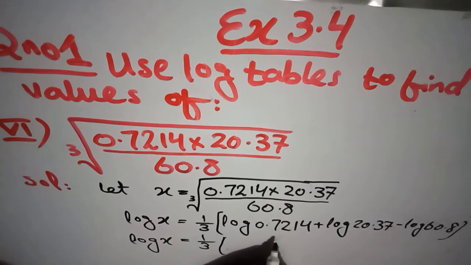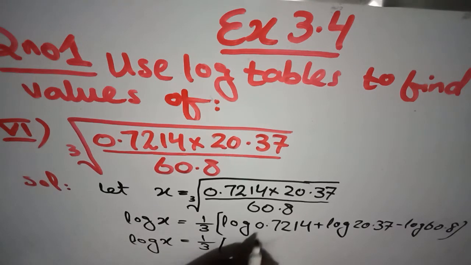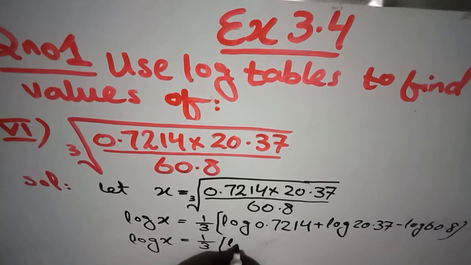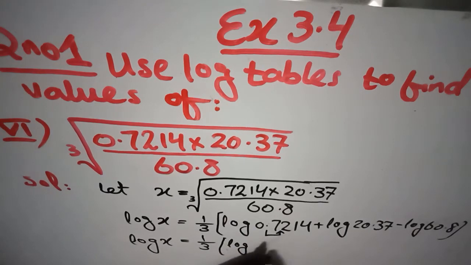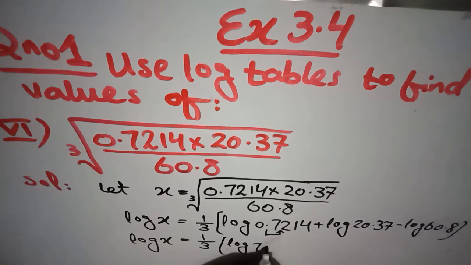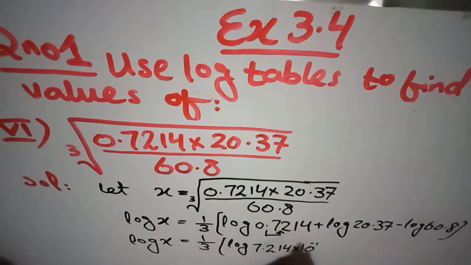To find the characteristic, we will change its form. The point will go after the first non-zero digit, so it becomes log 7.214 multiplied by ten to the power negative, because the point is moving from left to right.